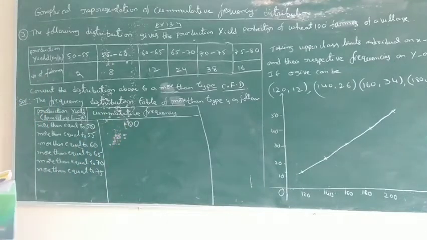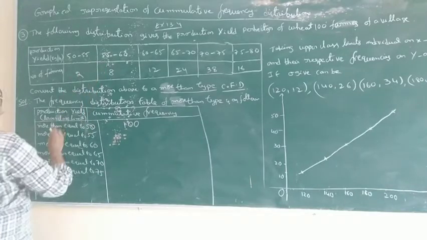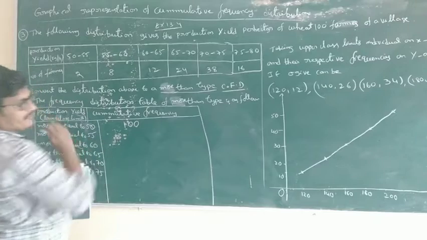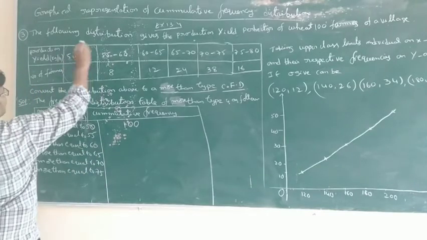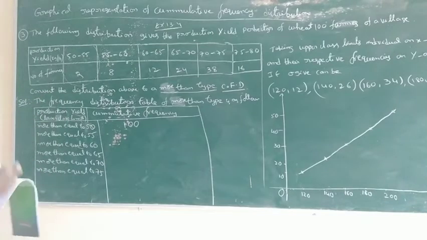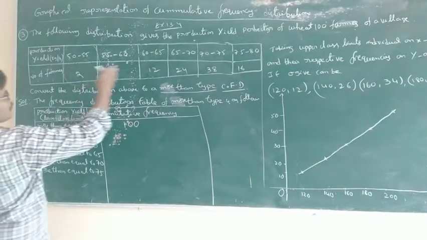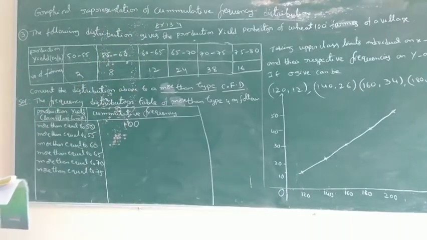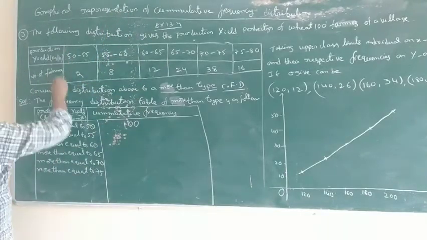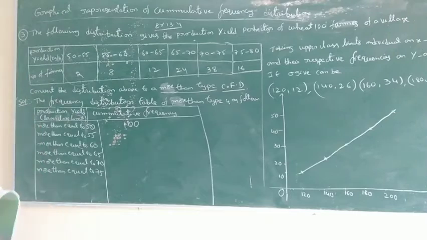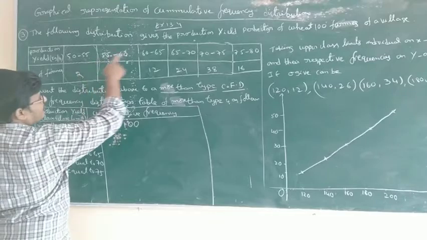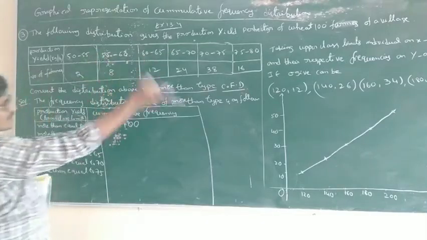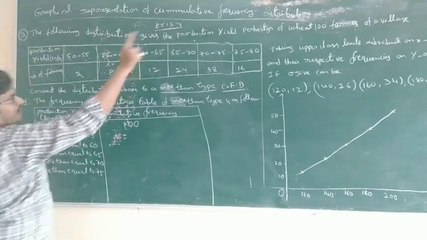Next, more than 55 means excluding the 50 to 55 class, since more than 55 starts from 55 to the last one.